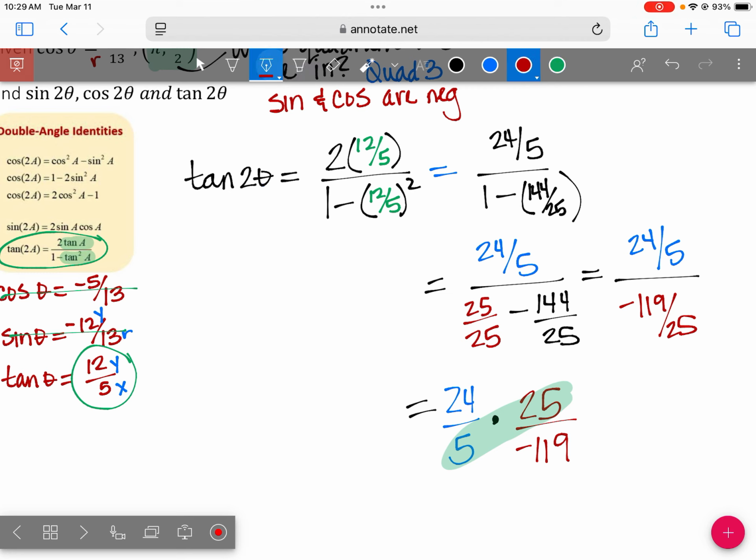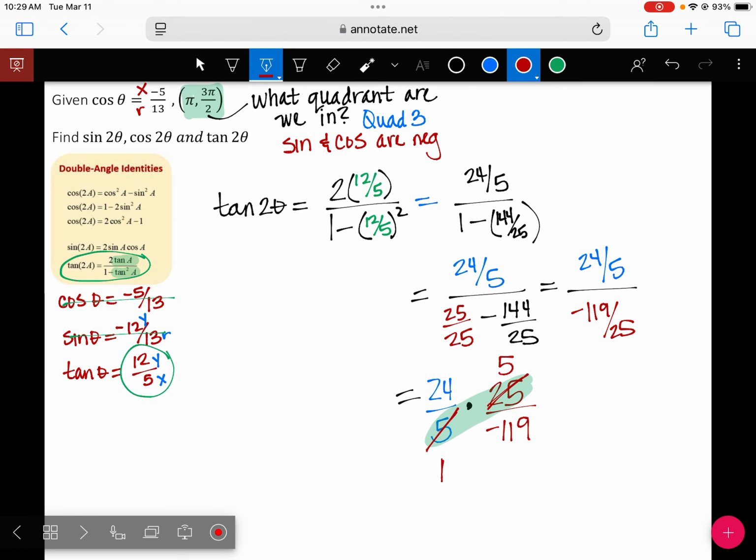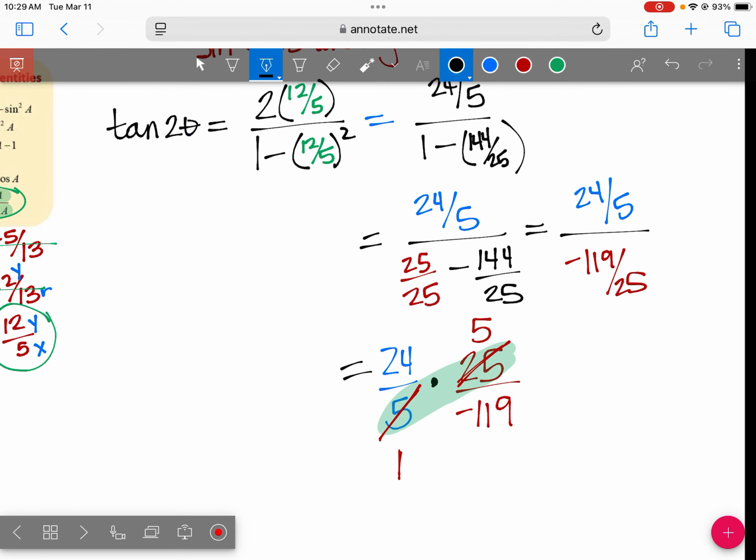So I would take the 5 divided by 5, which would change this to a 1. And then the 24 divided by 5, which would make that a 5. That makes our multiplication a little easier, because now we're just taking 24 times 5 and putting that over 1 times negative 119. So the only thing you're essentially having to multiply is 24 times 5.